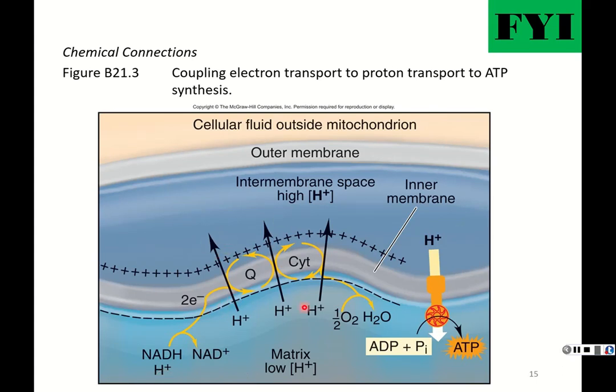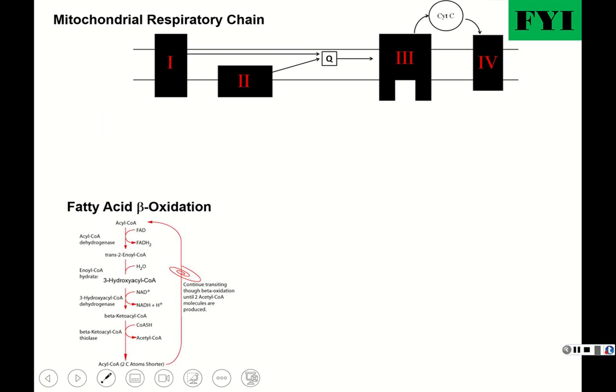Protons are being pumped from the matrix of the mitochondria into the intermembrane space. And that proton gradient sets up an electrochemical gradient, which is then used to produce ATP, in very brief terms. Okay, so that's how the cells make ATP.